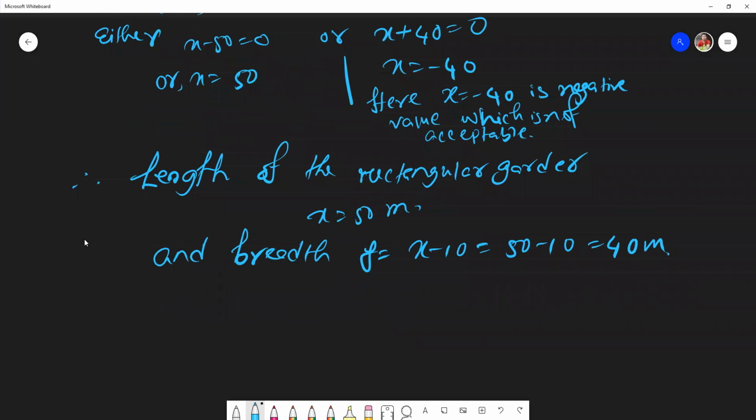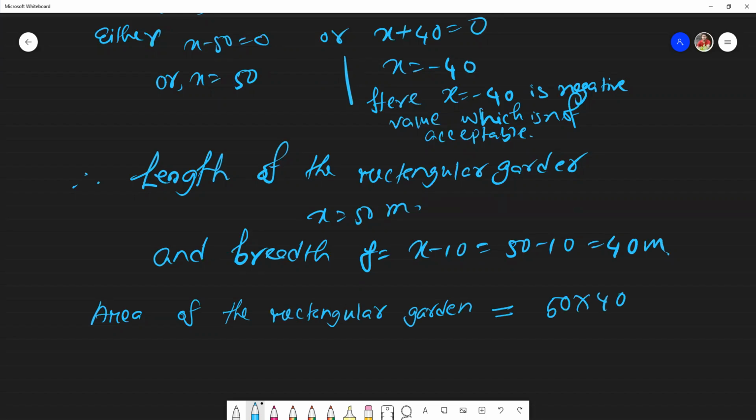Now, area of the rectangular garden equals length multiplied by breadth, 50 multiplied by 40.